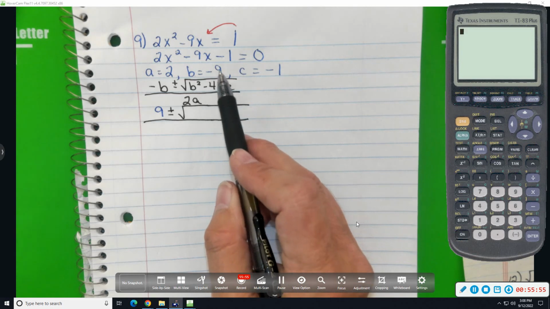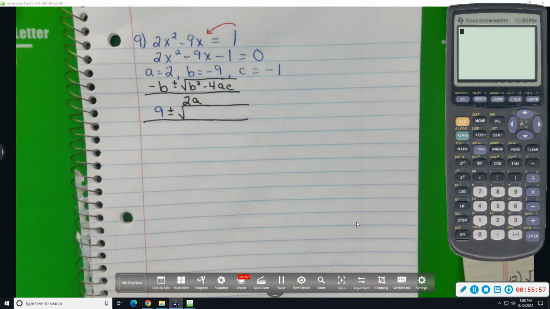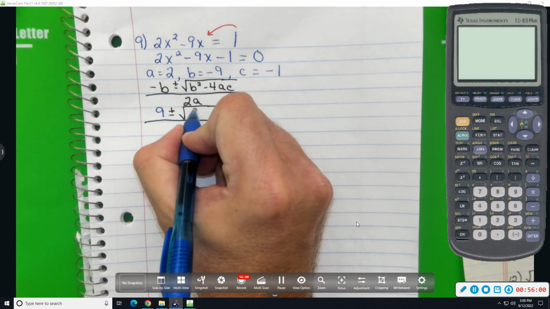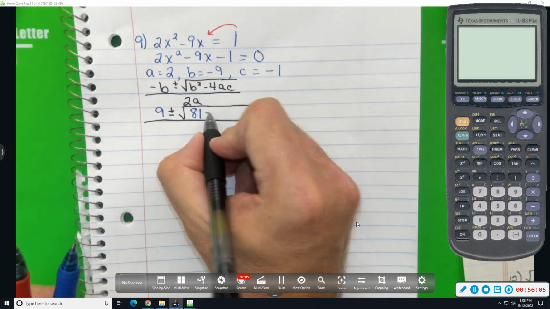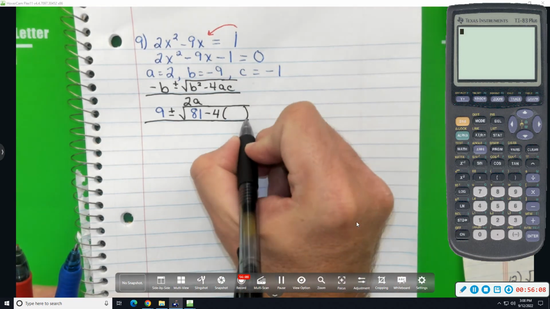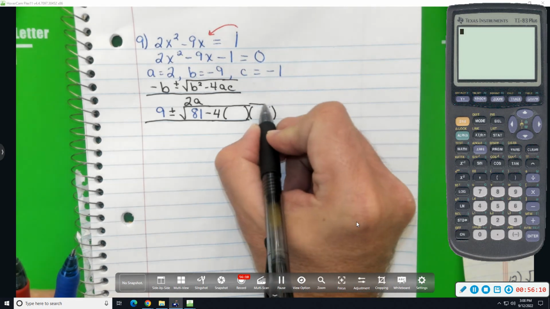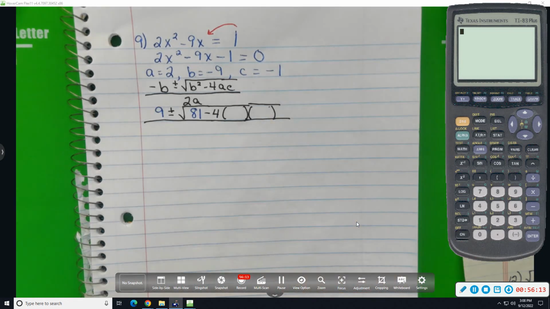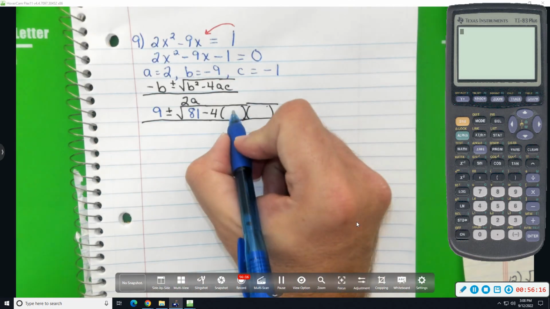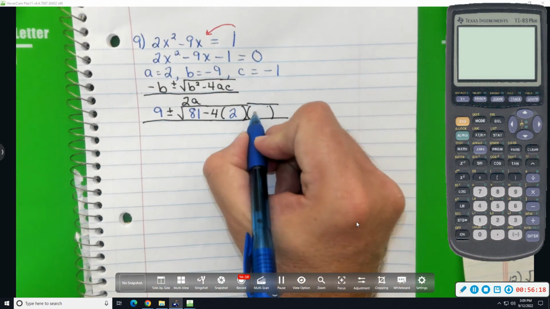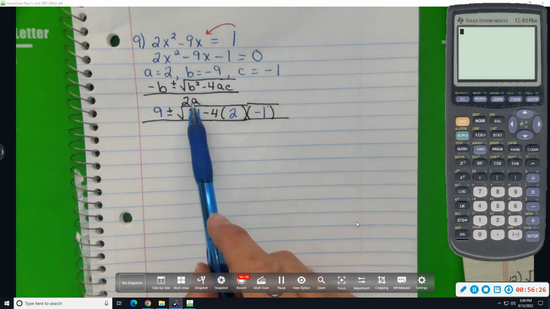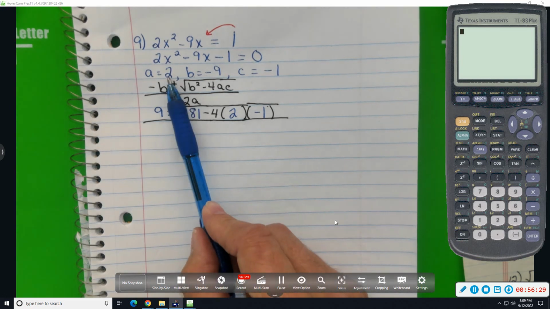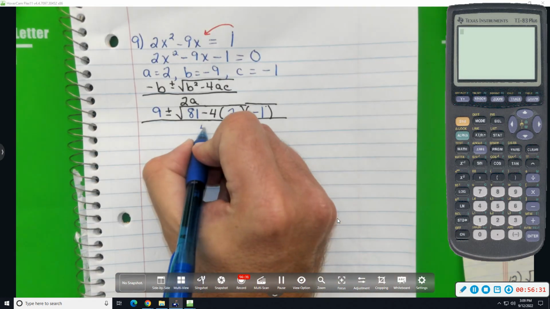Negative 9 times negative 9 is 81, so I'll just write 81, minus 4 times A times C. A is 2. C is negative 1. And then I do the 2 times A in my head. What am I going to put in the bottom? 2 times 2. Is it a 4?